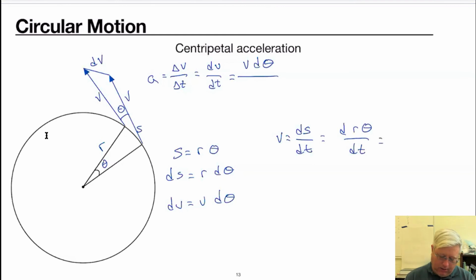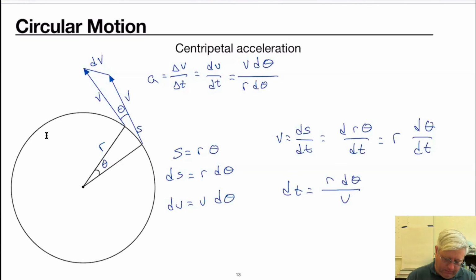where that r is constant, so I can pull that out of the derivative. Okay, and so then dt, if we rearrange, is then r d theta over v. Okay, so I could put that over here now. And what do we see is that our d thetas cancel.